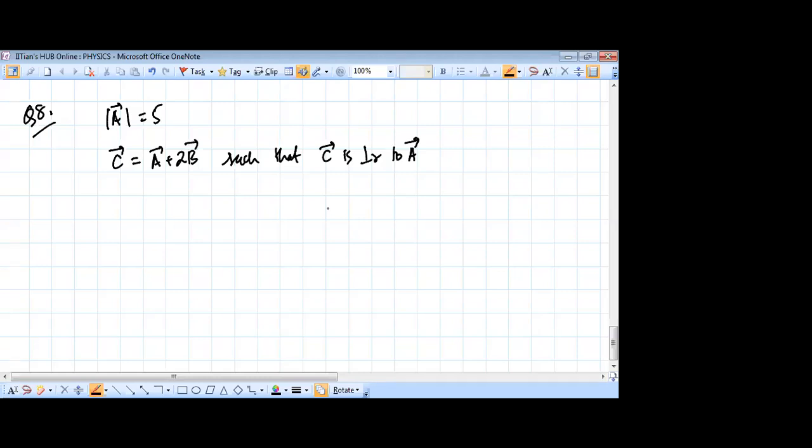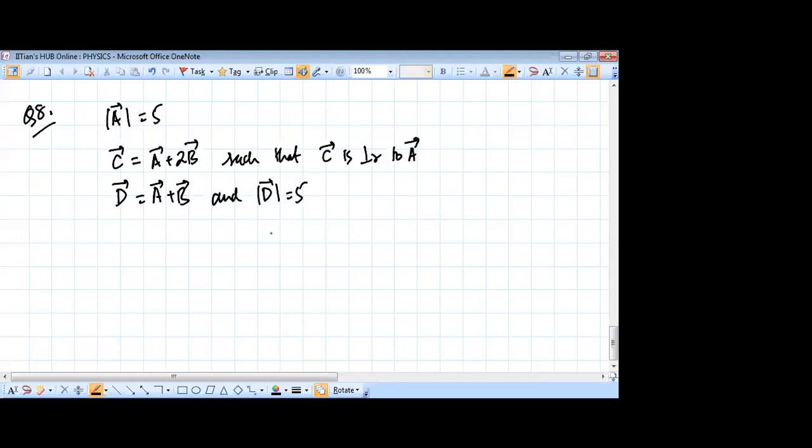Whereas there is some more information given about a vector D that is equal to A and B sum, or A plus B, and it is given to us that the magnitude of the vector D is equal to 5.